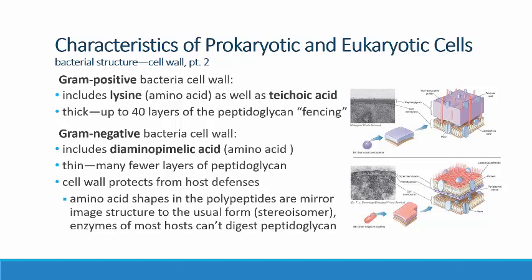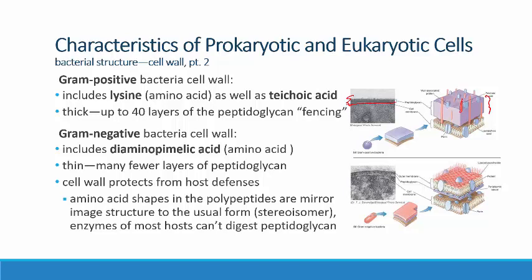Looking at this electron micrograph, that outermost layer there is built of the peptidoglycan, and then here is where the cell membrane is. So you can see the thickness that we associate there with the cell wall. And there it is, 40 layers, and we've got these pinky colored things. Those are the teichoic acid that are also in there, embedded in the peptidoglycan, kind of holding things together.